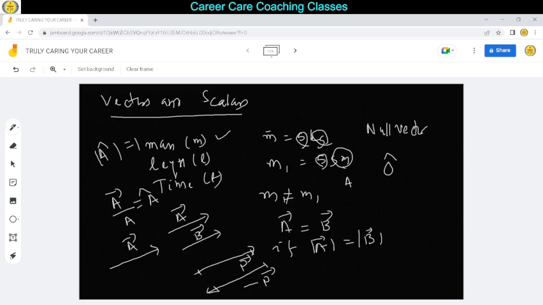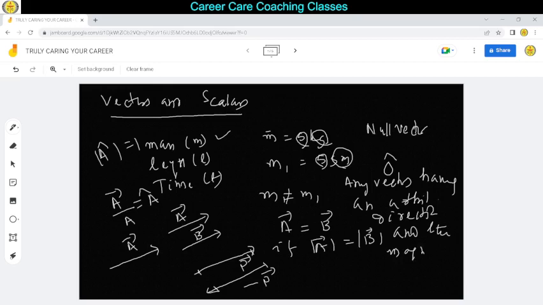Any vector having an arbitrary direction and with a magnitude of 0. So the magnitude of a null vector is 0.